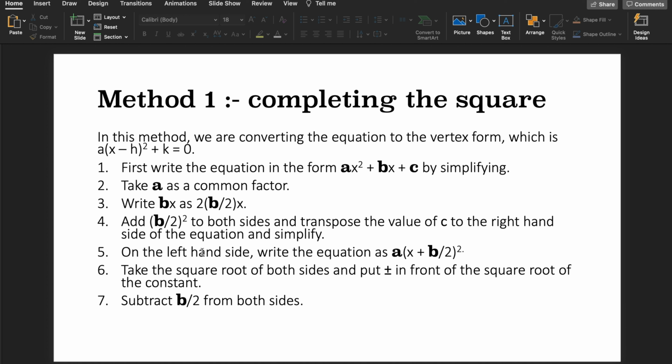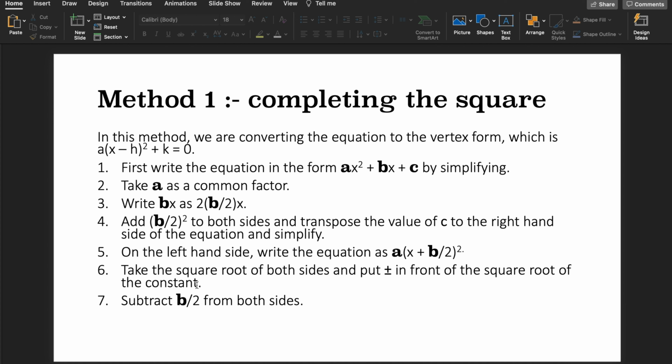Then on the left hand side of the equation, you'll have to write it in this form. What we're trying to do here is write it in the form a plus b whole squared. So this is the method that we use. The next step is to take the square root of both sides and put plus or minus in front of the square root of the constant.